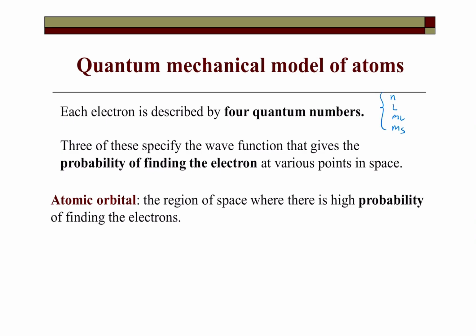They show mainly the energy and the probability of finding the electron. In the end, we can say it is the atomic orbital, the region of space where there is a high probability of finding the electron. This is one of the important things in this part.